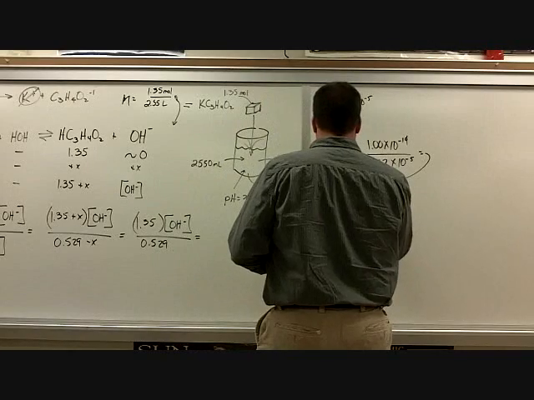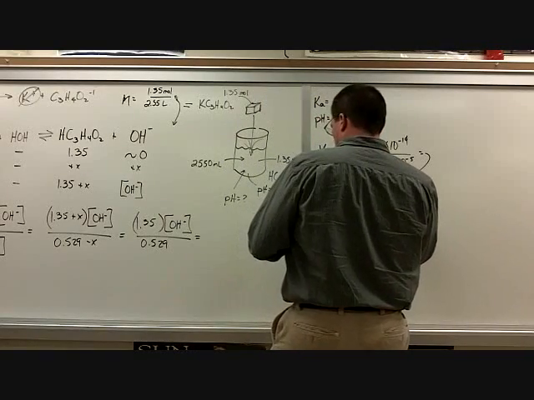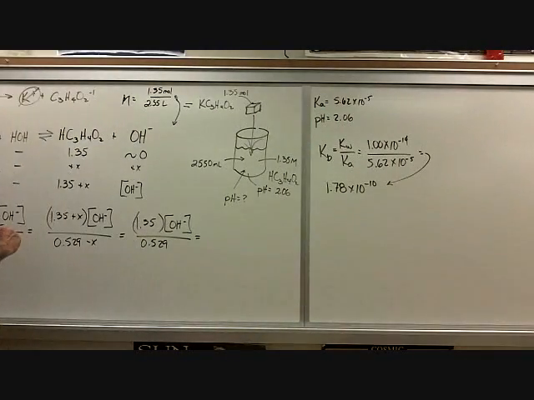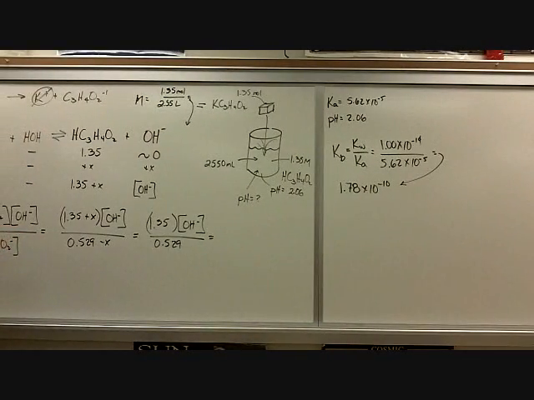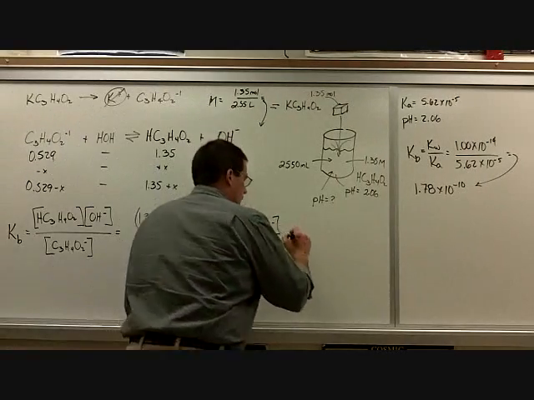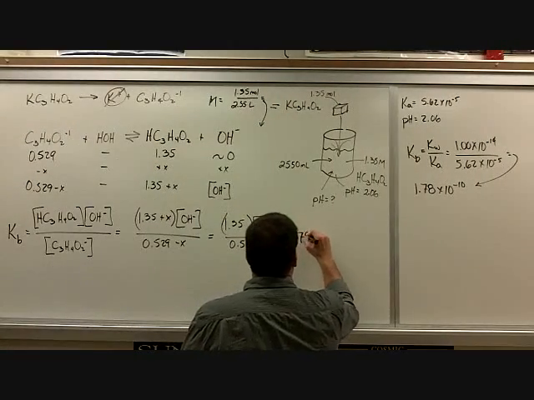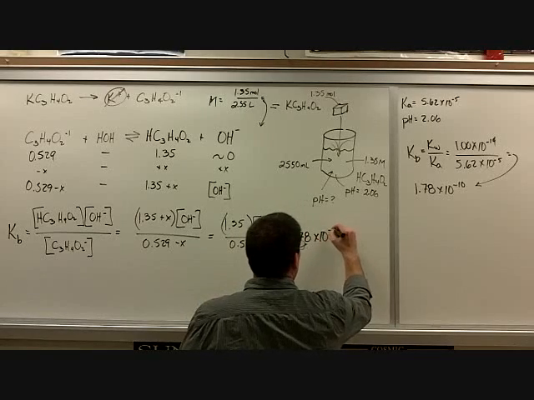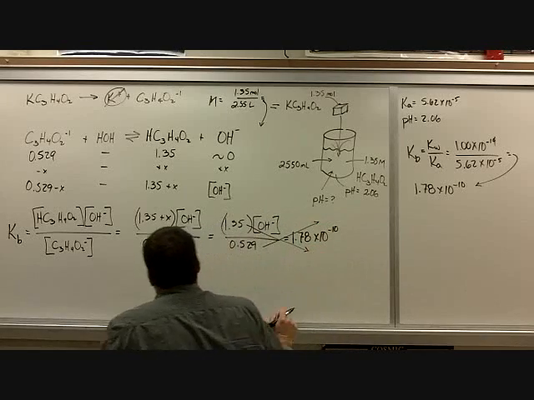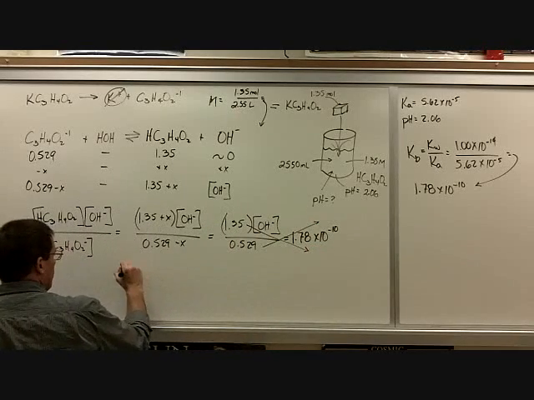We'll say 1.78 times 10 to the negative 10. Anybody else get that? That's our Kb, right? So now that we have our Kb value, plug that in. Negative 10, bring that up, bring that down, because we're looking for hydroxide, right?